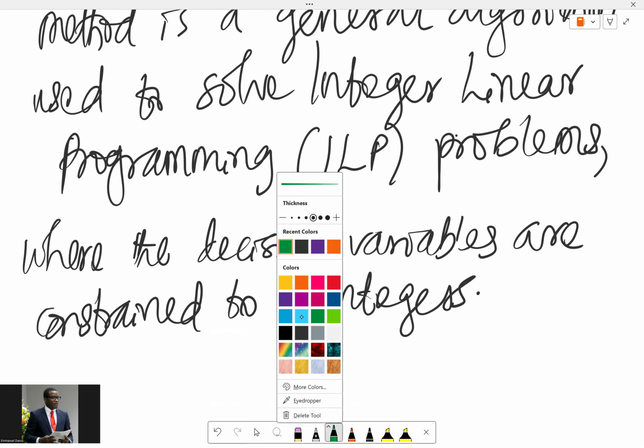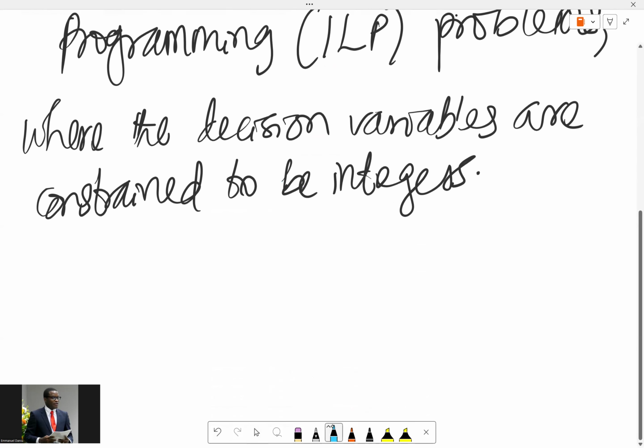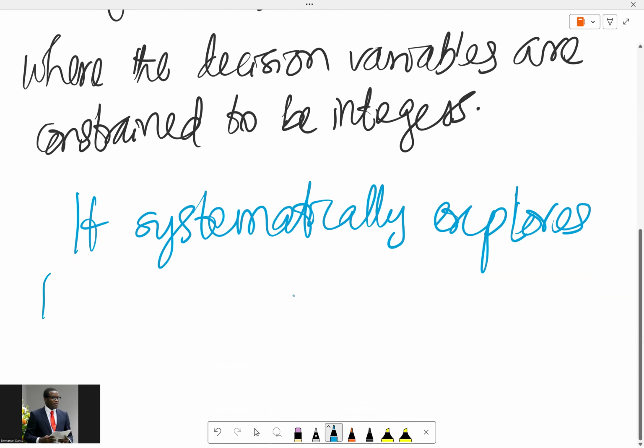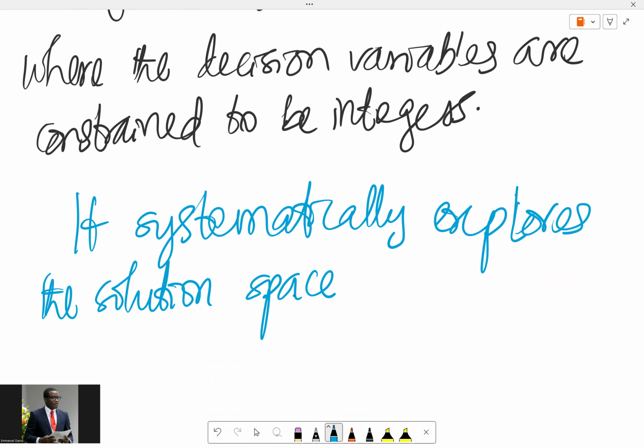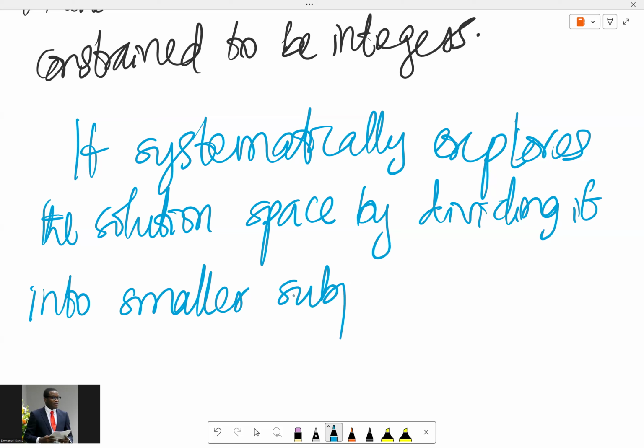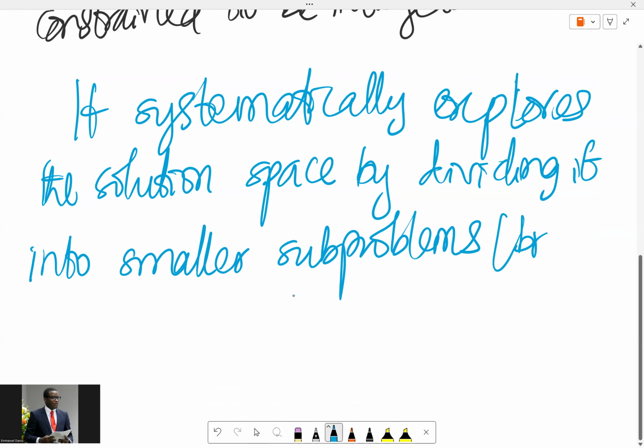It systematically explores the solution space by dividing it into smaller subproblems. That is where the branching comes in.